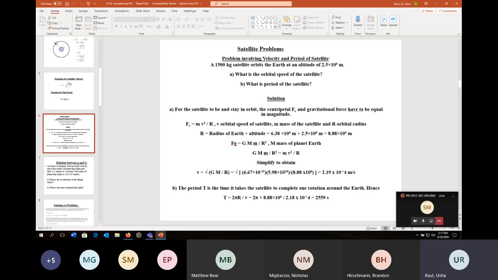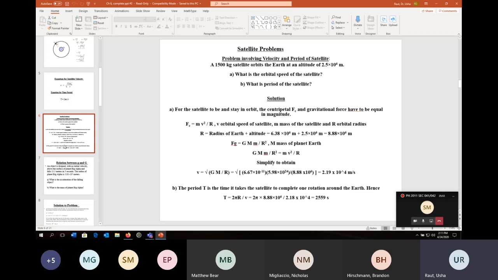So the radius of the Earth is around 6.38 times 10 to the 6. To that, we are going to add the altitude, which is 2.5 times 10 to the 6, giving you a total of 8.8 or so times 10 to the 6 meters.